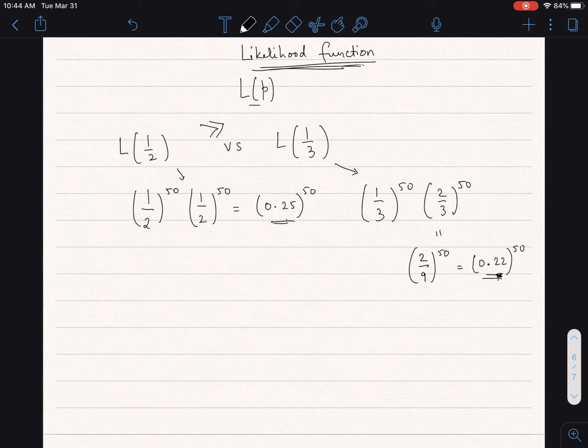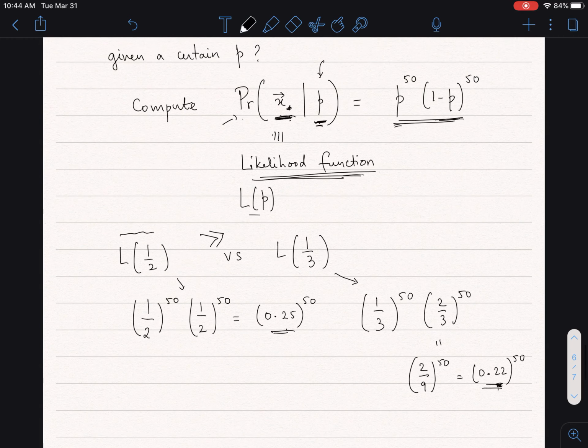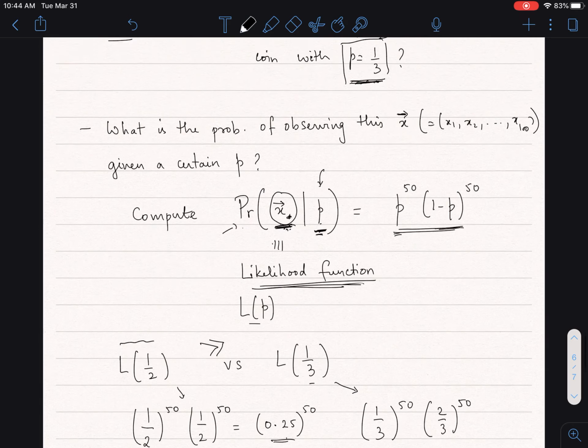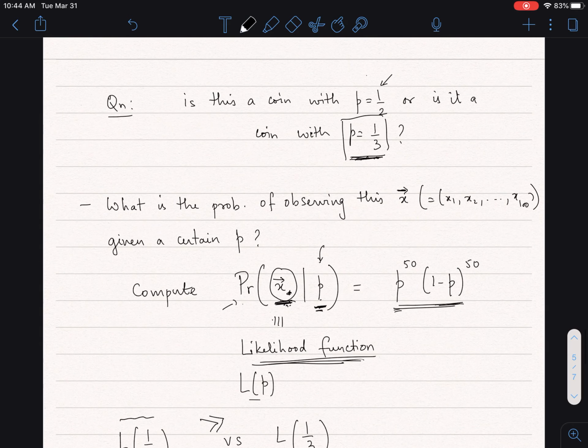So this is why L of half, the likelihood function, when you compute the probability of making these observations given p equals 1/2, is much higher than the probability of these observations given p equals 1/3. And this lets us conclude that somehow p equals half is more likely than p equals 1/3.